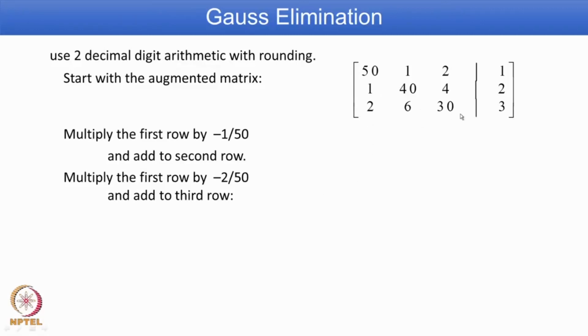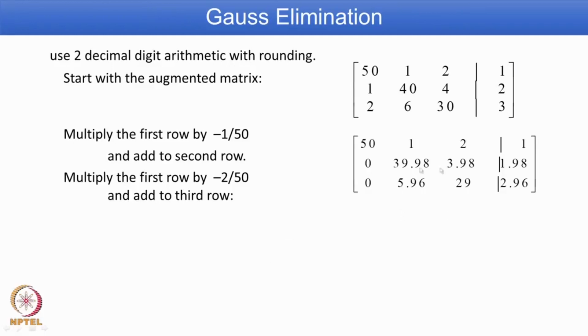Similarly, in the third row the first element is 2 and we have to make it 0. To achieve that, we multiply the first row by minus 2 by 50 and add to the third row. If we perform these 2 operations on this matrix including the augmented column, it will result as shown here.